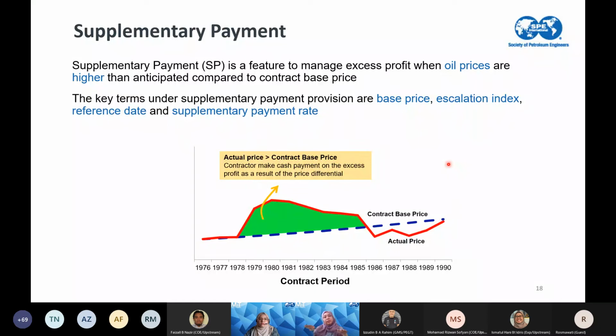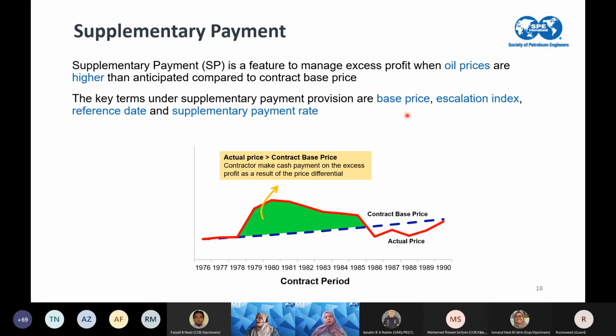You design the contract based on a base price, and if oil prices hit above a particular price limit, the excess profit is shared between the contractor and the host authority at a specified rate. Obviously the base price is not a flat price, it's an escalating price to allow for inflation, escalation, etc. What is important in the supplementary payment calculation is you must have the base price, the reference year, how much you need to escalate the price by, and the supplementary payment rate.